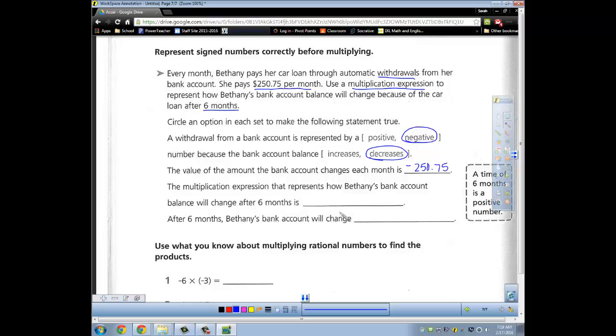The multiplication expression that represents how Bethany's bank account balance will change after 6 months is just 6 times the amount of money that's being taken out. After 6 months, Bethany's bank account will change. Well, 6 times negative $250.75 is going to give us negative $1,504.50. That's quite a bit of money taken out.